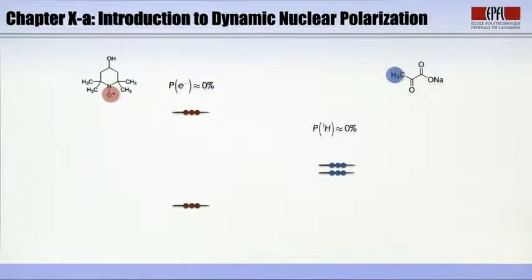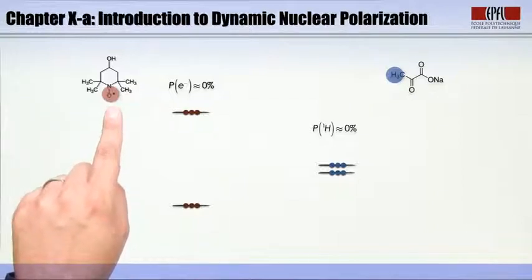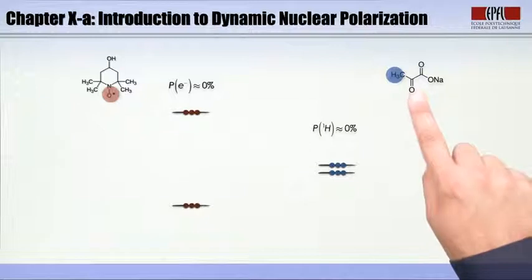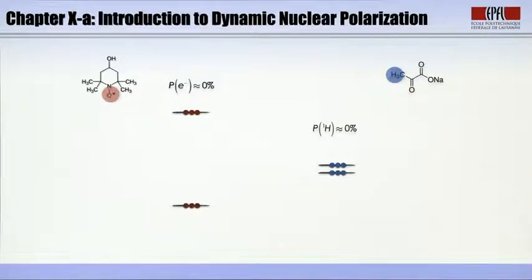If you take your electron spin molecule, in this case a nitroxide molecule with an unpaired electron sitting on the NO bond, and on the other side you take your pyruvate molecule and you look, for example, at your protons, and you put this molecule in your field at room temperature, the polarization is still fairly low.